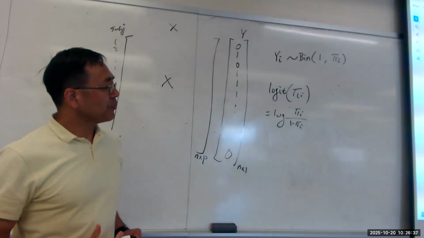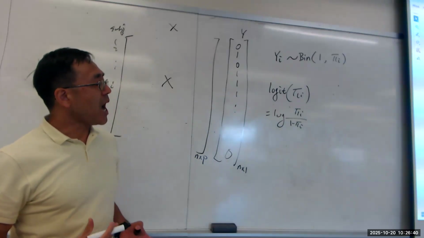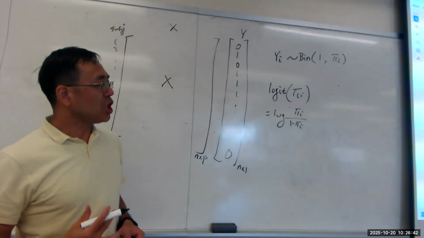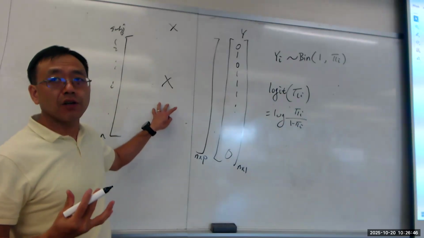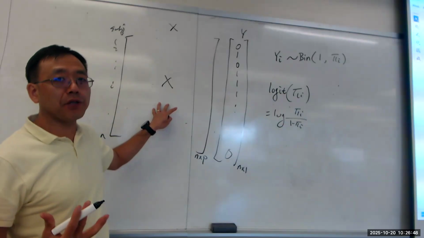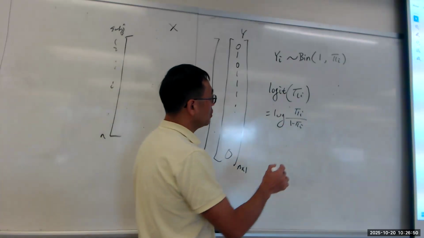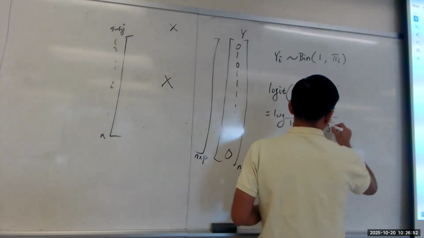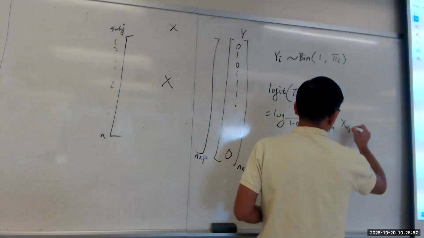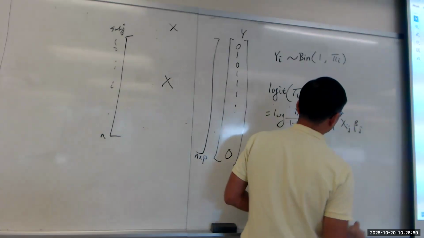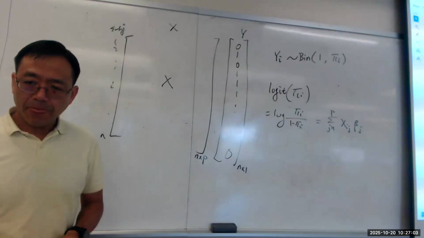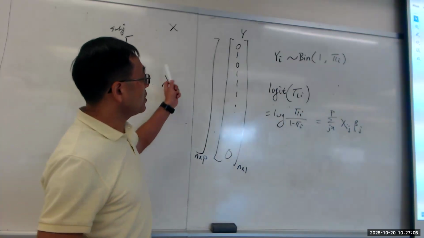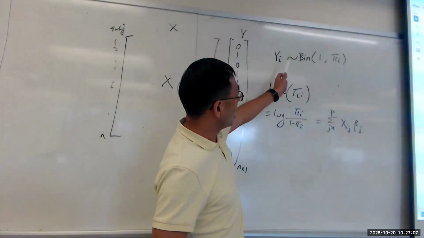You want to assume your logit pi i is related to your x, because x is your feature vector or the design matrix, right? It is related to the summation j from 1 to p of x i j times beta j.